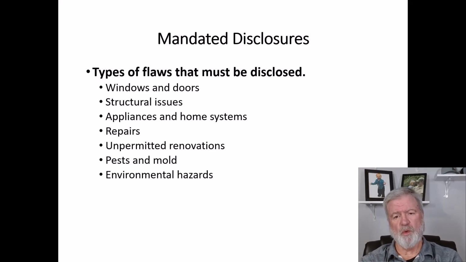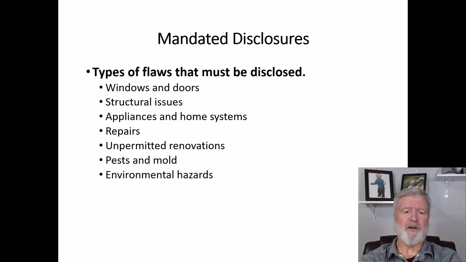All right, so what are we dealing with, or what makes something a material fact? Typically a defect should be pretty self-explanatory. If something's not functioning the way it was intended to work, then that's a material defect. But what's a material fact?